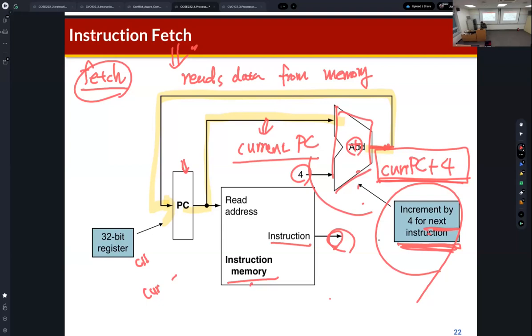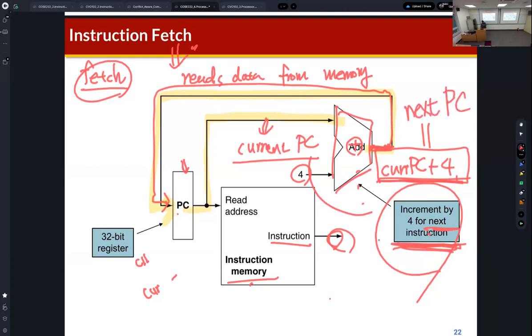In order to fetch the next instruction, we need to increment the PC by 4. As you can see, this PC value is connected to the input of the program counter. So this is the current PC plus 4, and actually this is the next PC.